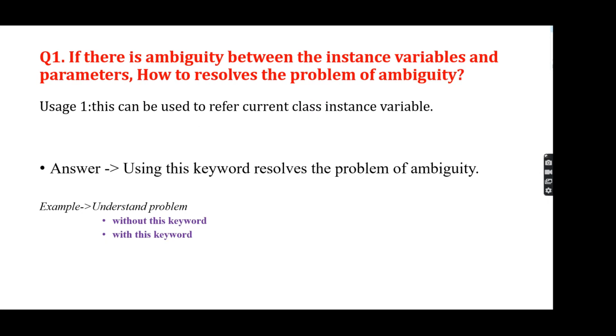First, we are going to find the answer for the first question. What is the question? If there is ambiguity between the instance variables and parameters, how to resolve the problem of ambiguity? What is an ambiguity error? If the method name or parameter name is the same for two methods, it will be confused.